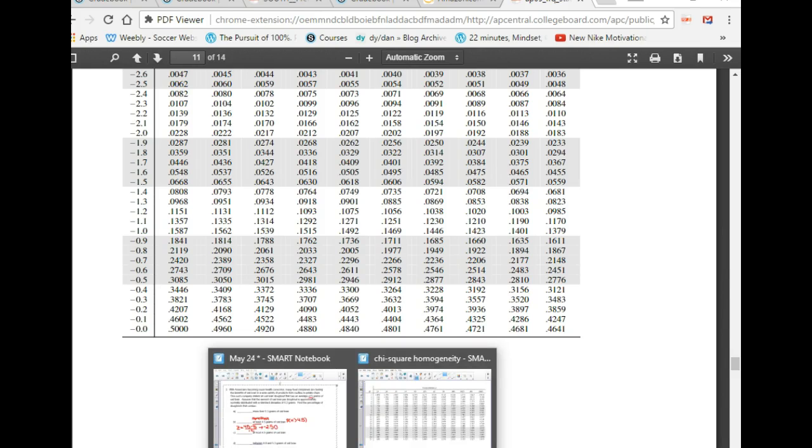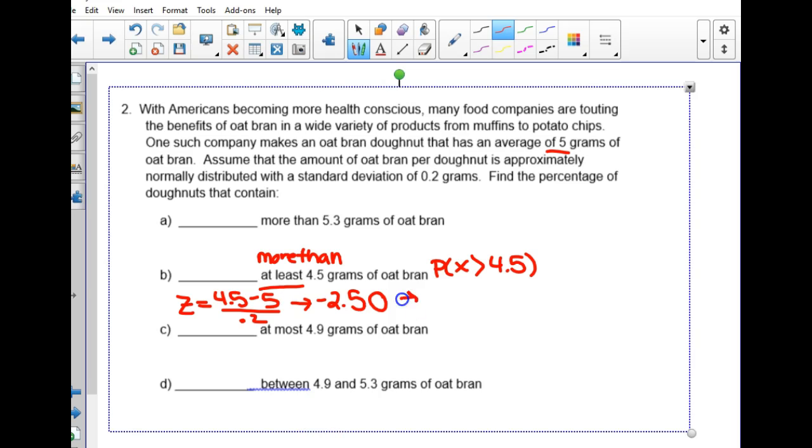Okay, well now because it's a greater than, I want to actually write 1 minus 0.0062. And when I take 1 minus 0.0062, I get 0.9938.